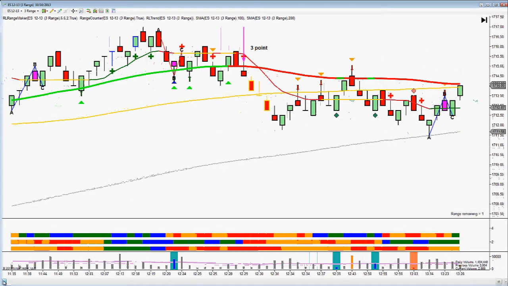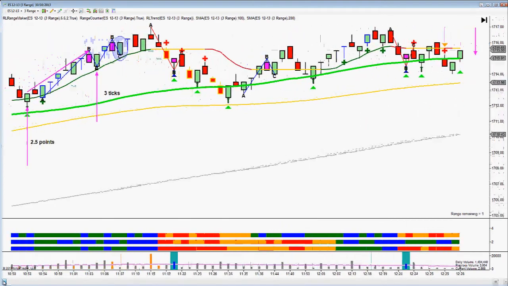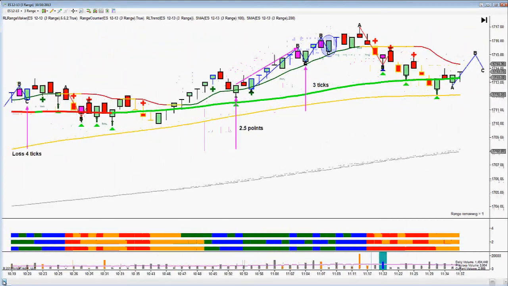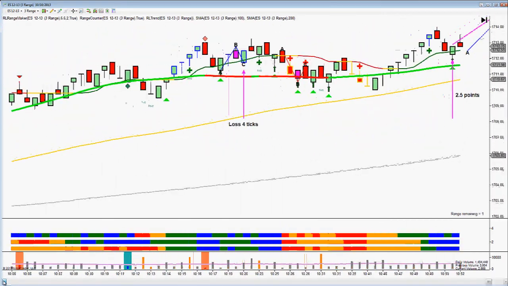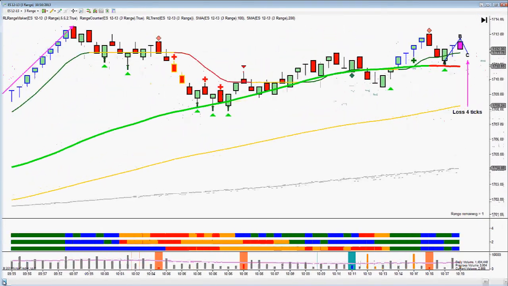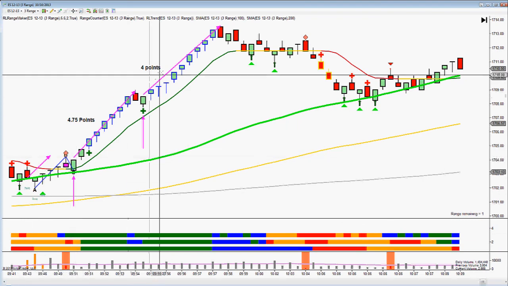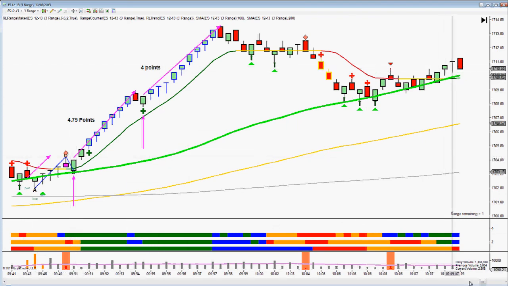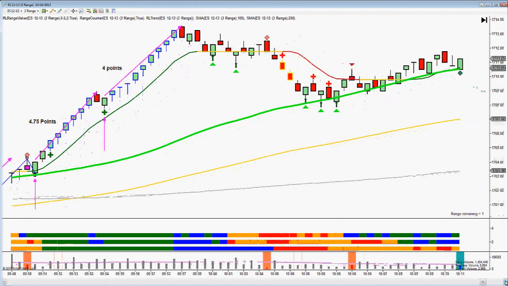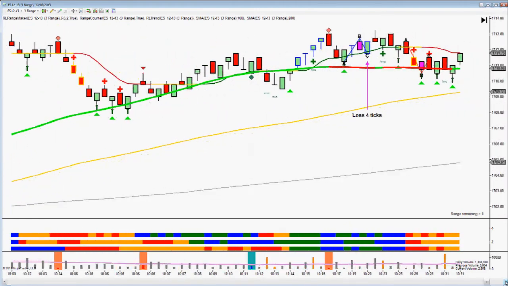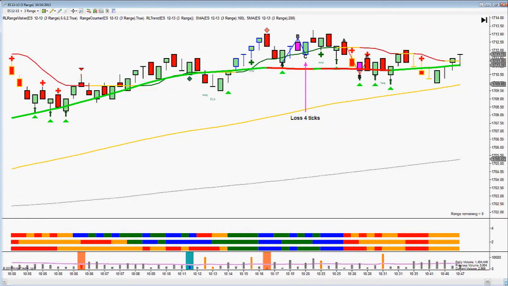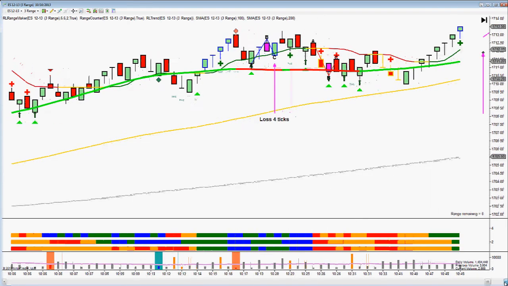So if we add up our tally here, we've got, just going to round it off to 9 points here. Minus a point, 8 points.